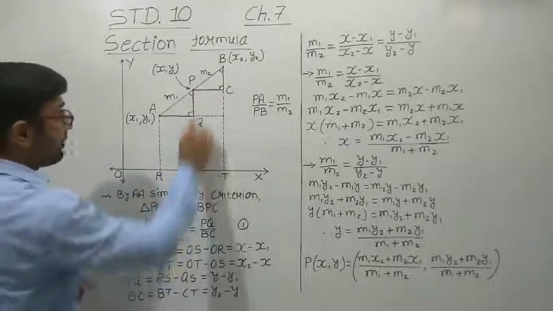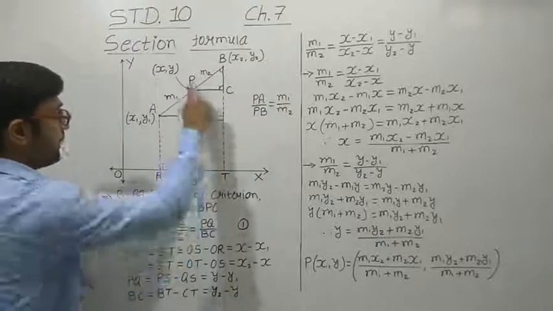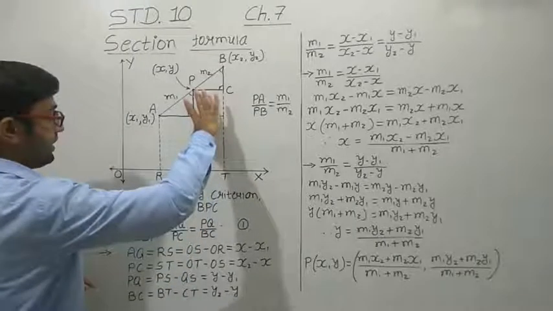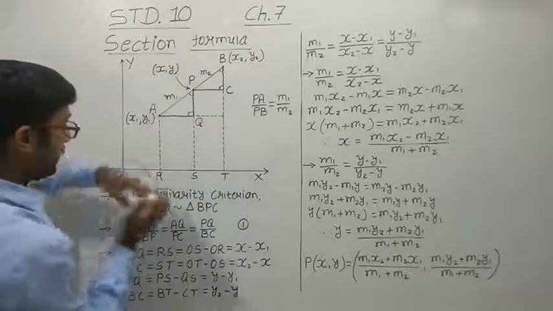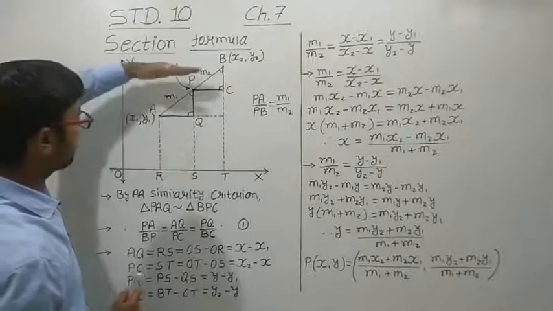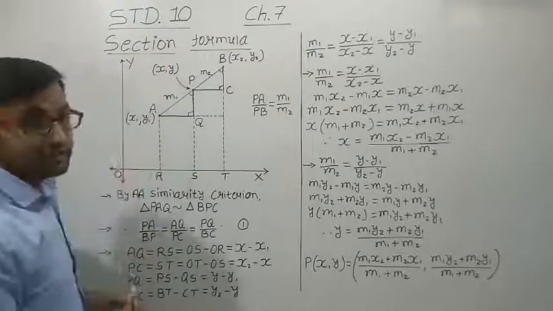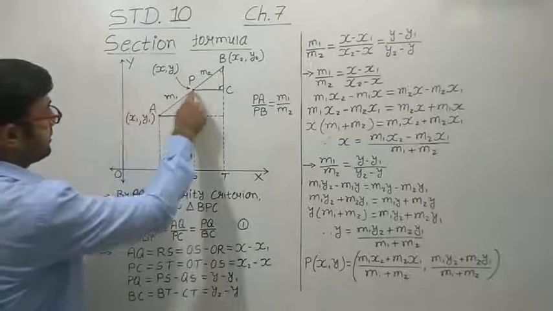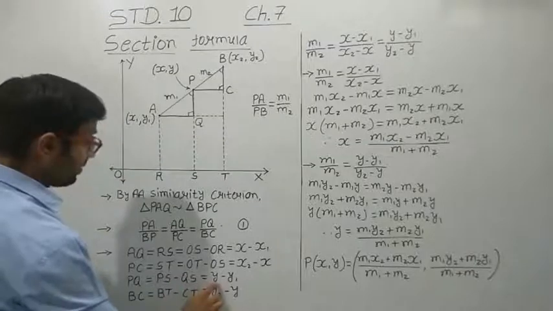Right? In the same way, now we can write down PQ. PQ is what? PS minus QS. And what is PS? PS means the y coordinate of this point, because this point is how far from the x-axis, or how far from the y-axis? That is y. So here we write down PS as y.